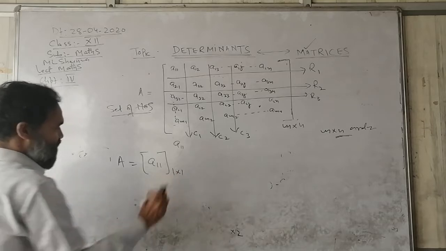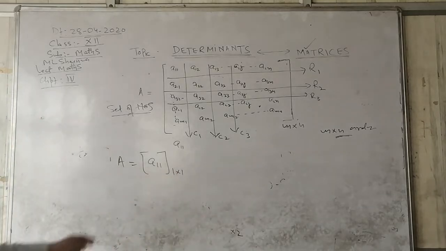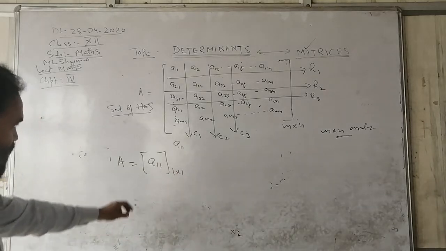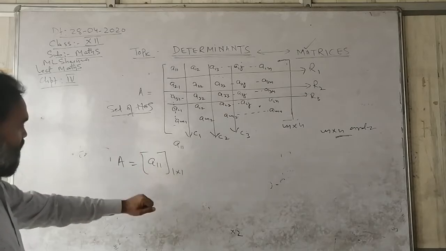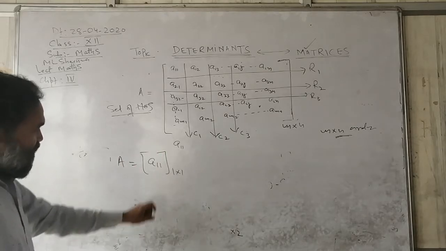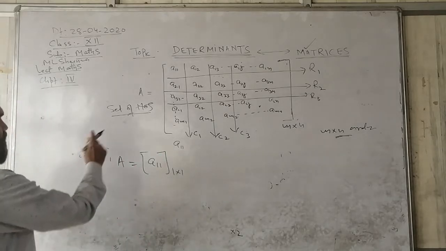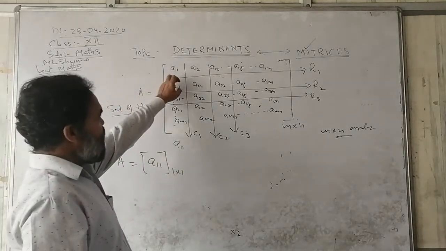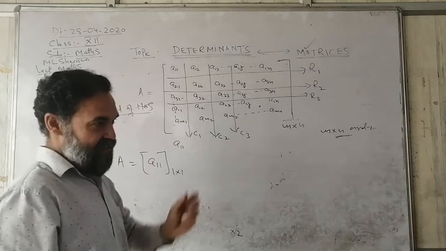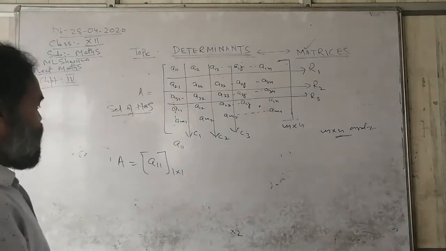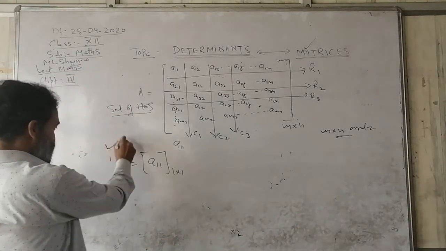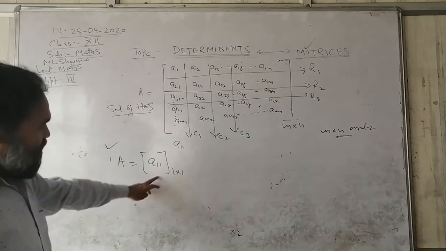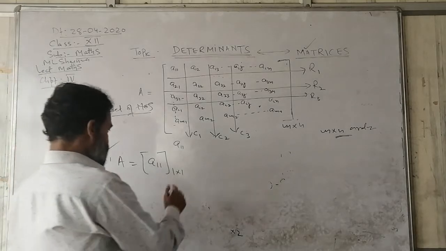This is a matrix having the order 1 by 1, because this particular element is lying in first row and first column. The first suffix indicates the row in which this element lies, and the second suffix indicates the column in which this number lies. So this is a matrix of order 1 by 1.